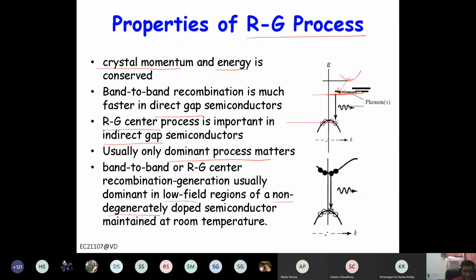The trap energy level is fixed, but it can have any k vector, so for all k vectors the energy is the same. That is the trap level. And for direct gap, these two band curvatures are at the same k vector, so they basically recombine without the help of any phonon.